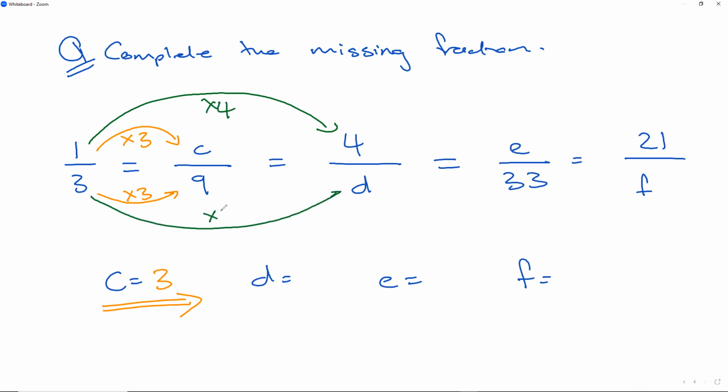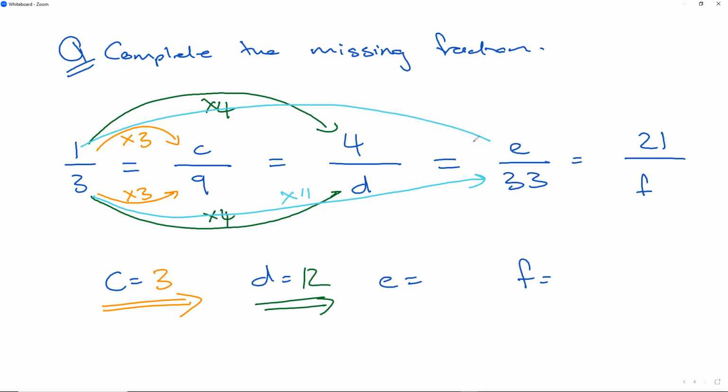So 3 has to also multiply by 4. And 3 times 4 is 12. So for the next one, I'm going to go 3 times 11 becomes 33. I'll do the same thing over here and times it by 11. So E will equal 11.